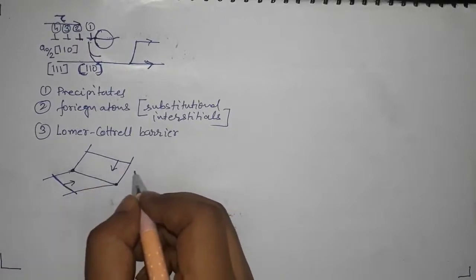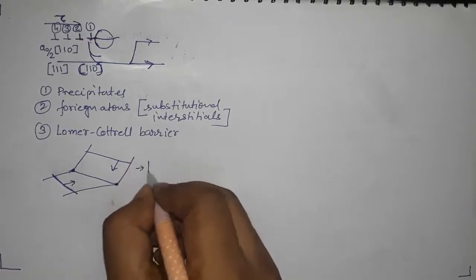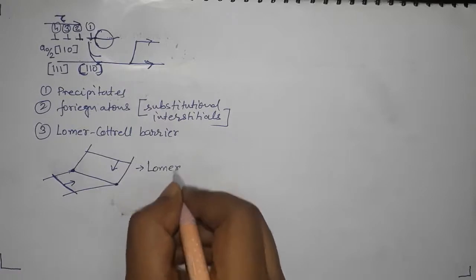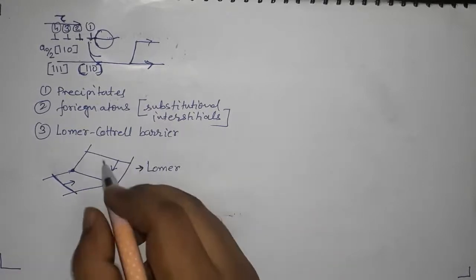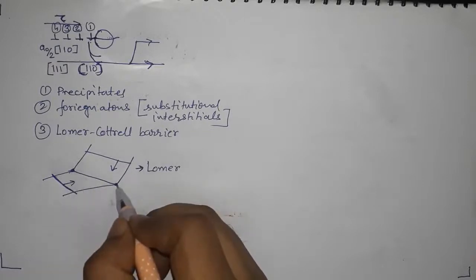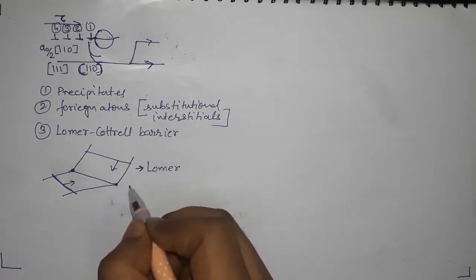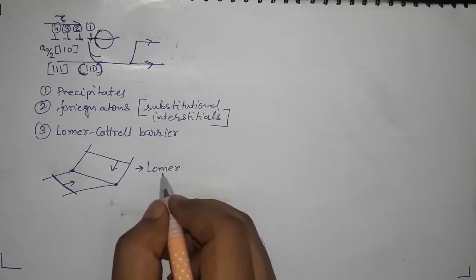And this mechanism was proposed by Lomer. In the reaction Lomer proposed, two perfect edge dislocations join each other and create a dislocation which cannot move, which is sessile, but that was never found in reality.